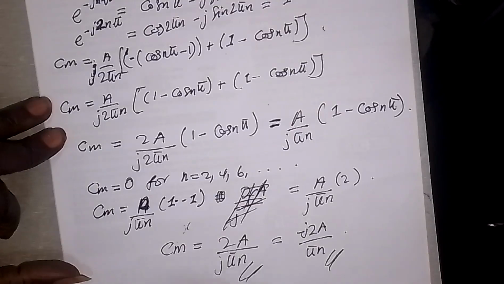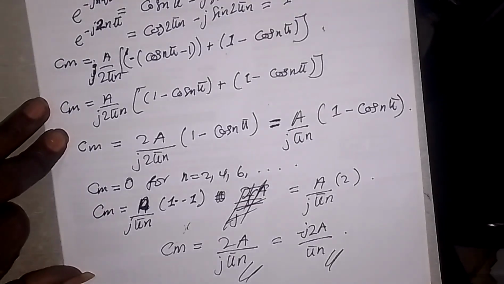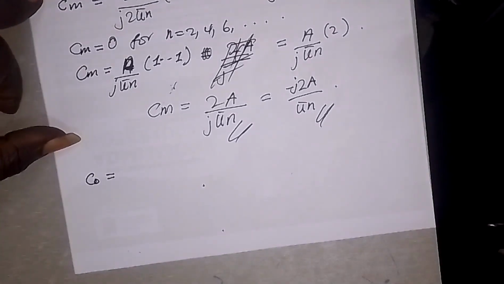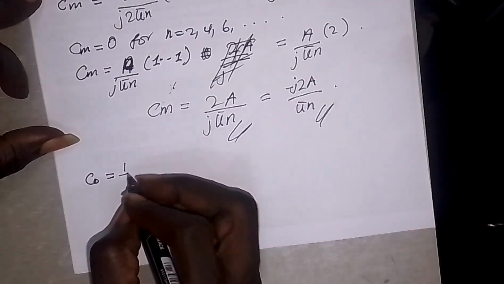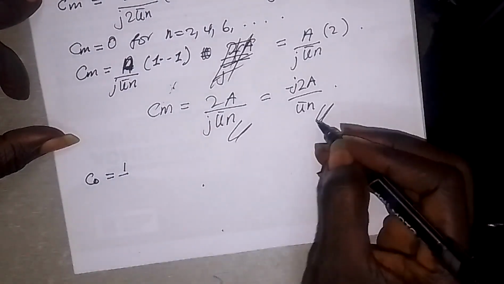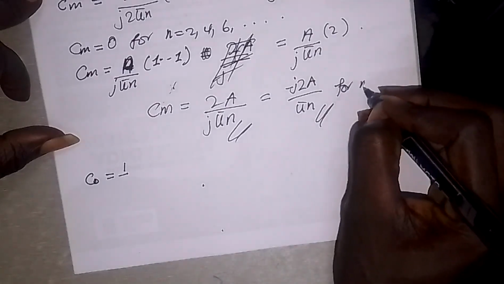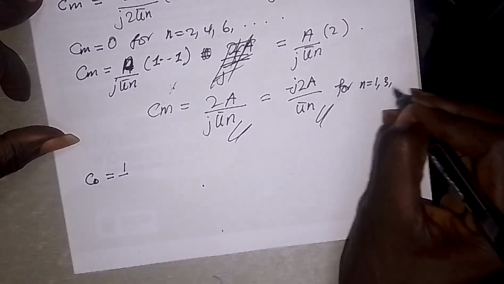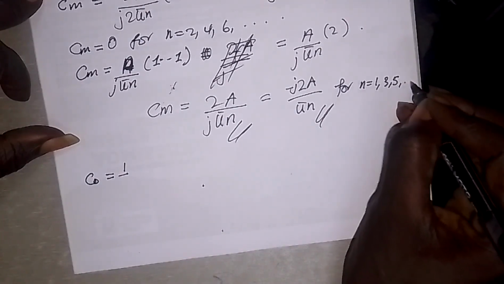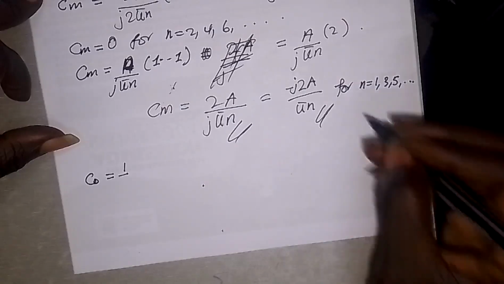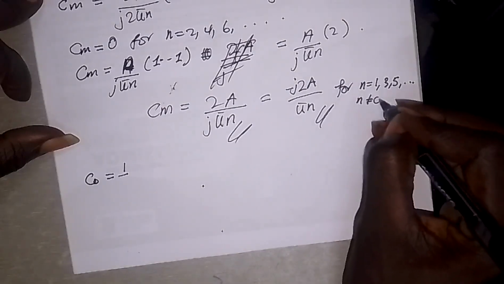So now let me also determine my C naught. Determining my C naught, I have to put the condition that this holds for n equals 1, 3, 5, and on and on, and n is not equal to 0.